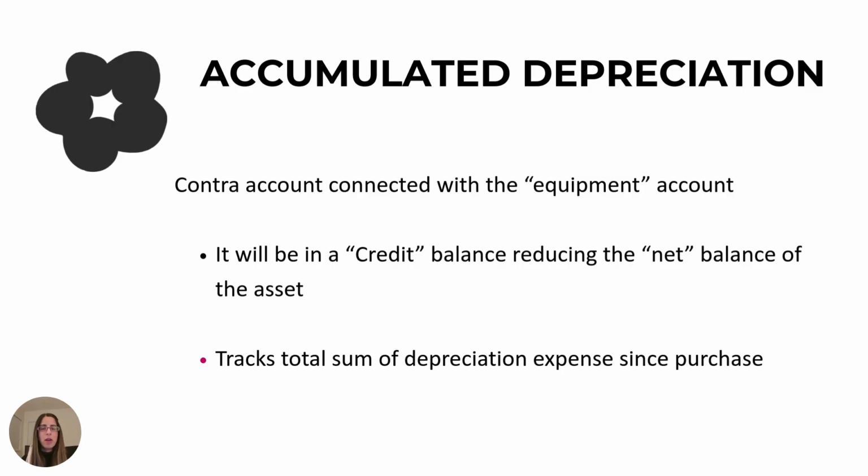You'll have the equipment account in a debit balance, you will have accumulated depreciation in a credit balance, and then the net balance will be the offset against each other. And the reason, like I was explaining, why we want to keep it separate is we want to track the total sum of depreciation expense since the purchase of the asset, and we want to track that separately from the cost. It's just to keep the records separate.